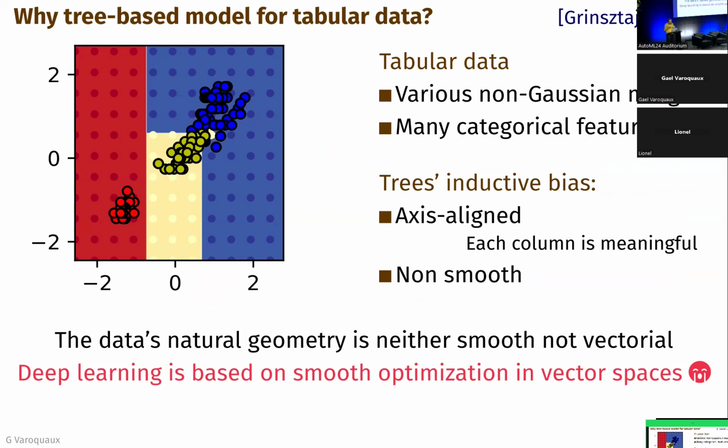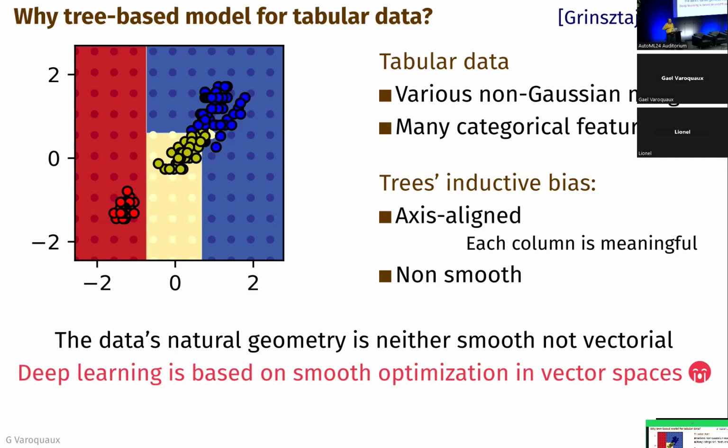This maps really well to the inductive biases of trees. If you picture how a tree is built, a tree iteratively selects one feature, then selects a cut on the feature, selects another feature, selects a cut on the feature. So the tree is intrinsically focusing on those columns individually.